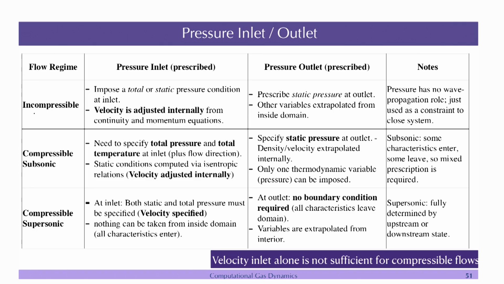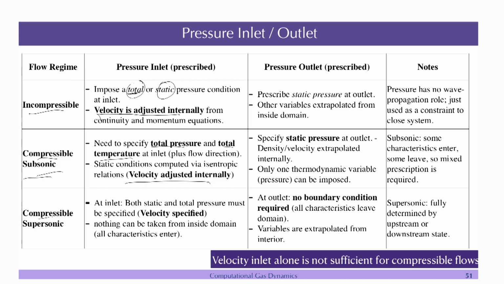So, when it is incompressible or subsonic, you basically specify the total pressure. Normally total pressure is better, static pressure also sometimes, but the total pressure is better, and velocity is adjusted internally. In the case of compressible, you give total pressure and total temperature both, take pressure from inside, and velocity is adjusted.